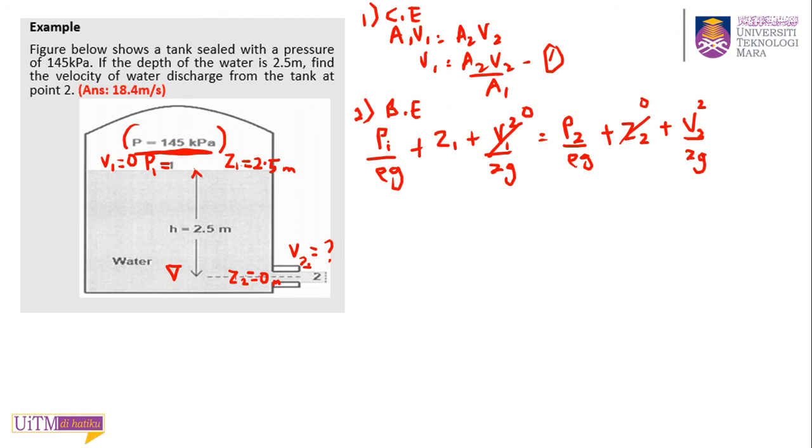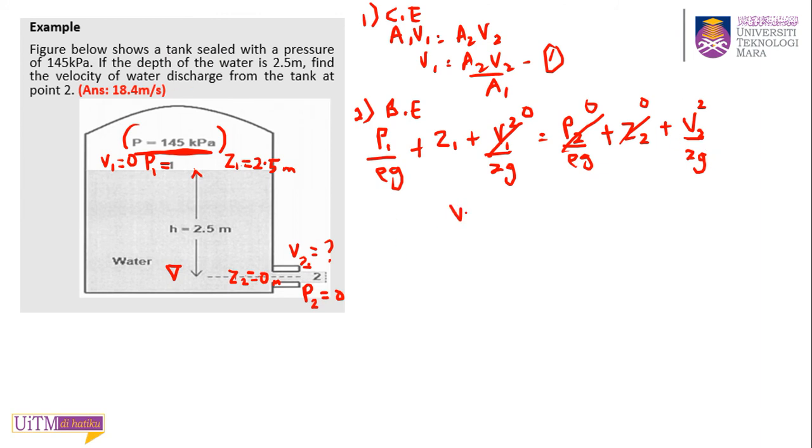And you said P2 is 0, you are right, because it is released to the atmosphere. So this term you can cancel out because it is 0. So what is left now is only, since they ask you to find the velocity of the water discharge, V2.